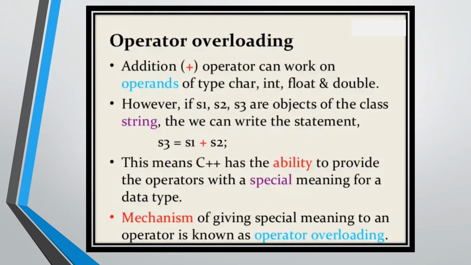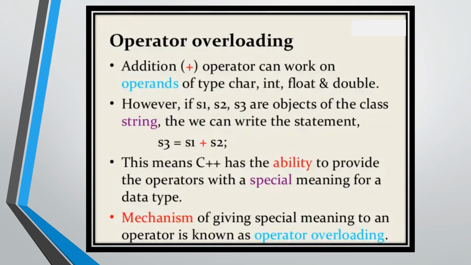When we add two integer numbers, that is 1 plus 2, it can be done easily as it is a built-in data type. But when we add two objects, it will not work the same as for the built-in data type.